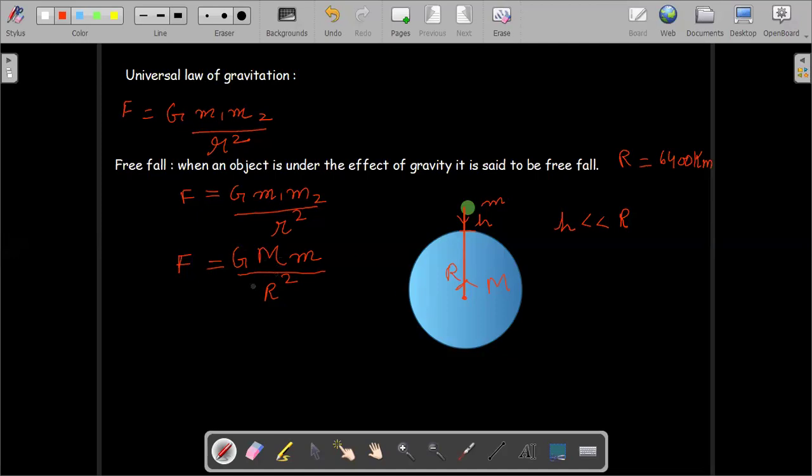Everything clear with this? Harshit? Yes, sir, clear. Okay. So if the earth is attracting this mass with the force of G M m over R squared, with what force is the mass attracting the earth?